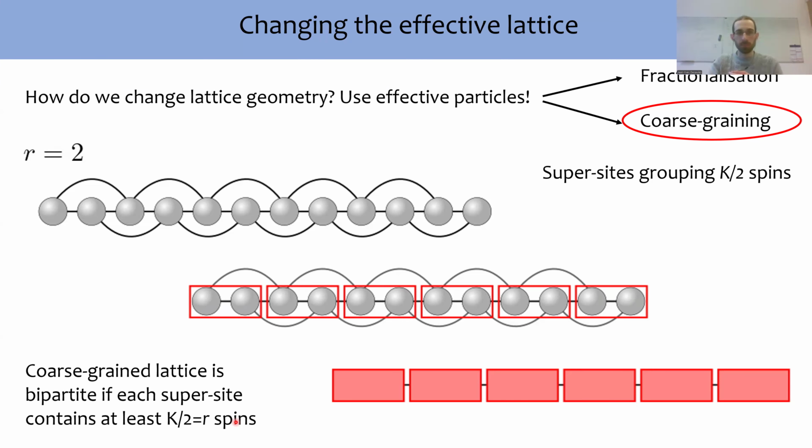So this gives you a first condition of how you can group atoms together. But of course, now we have a 1D chain, but we don't really know what the dynamics on it is, right? We want the dynamics to be like PXP dynamics on this effective lattice, which is bipartite, to get scarring. So what do we need for that?